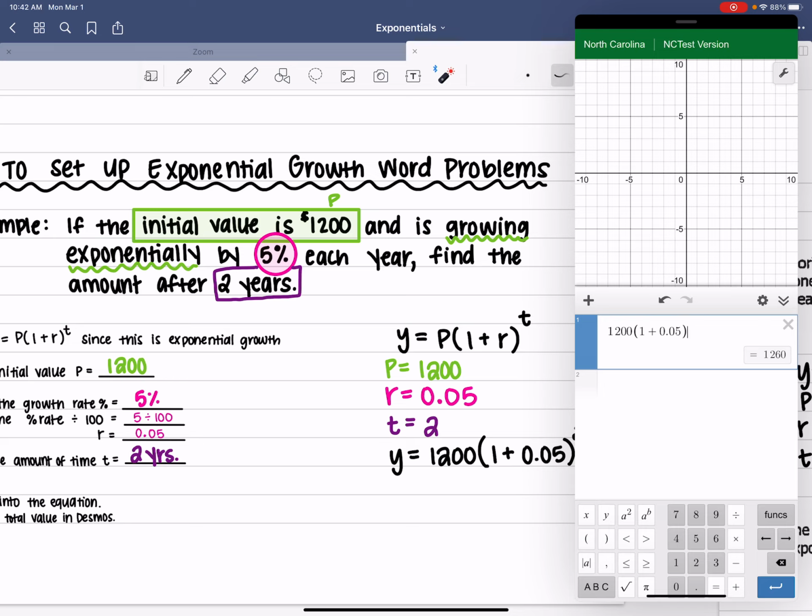Now I need an exponent. To get an exponent, whether it's 2 or a different exponent, you can click where this says a to the power b. And notice that gives me my cursor in the exponent position. And our exponent here is 2. So that total amount is $1,323.